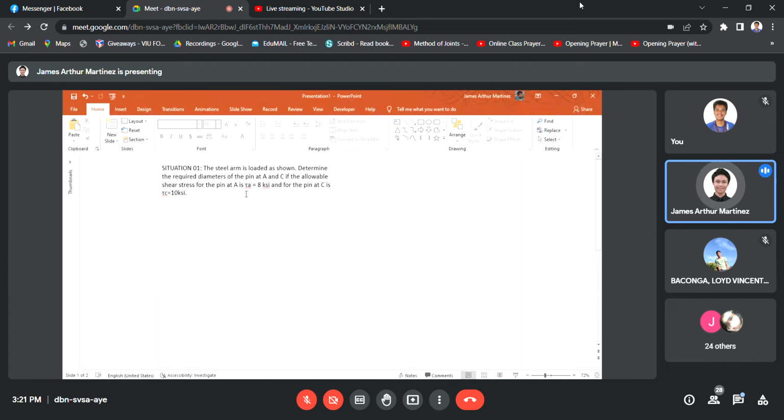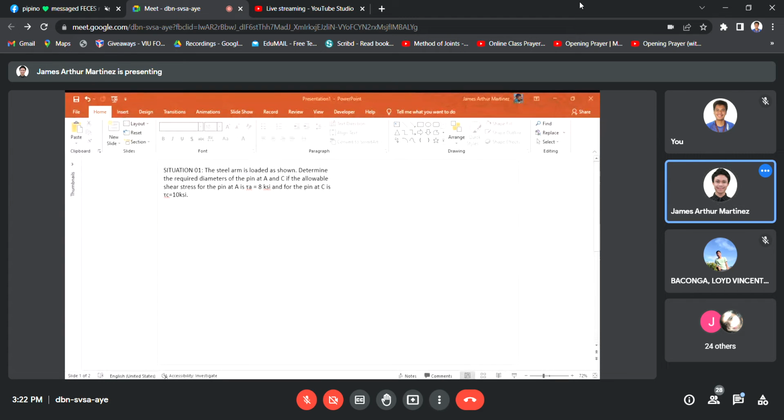Determine the required diameters of the pins at A and C. If the allowable shear stress for the pin at A is 8 ksi, and for the pin at C is 10 ksi. Okay, so we are given the allowable shear stress for both pins, and we are to determine the required diameters for each of the pins. Okay, so let us just copy the figure.